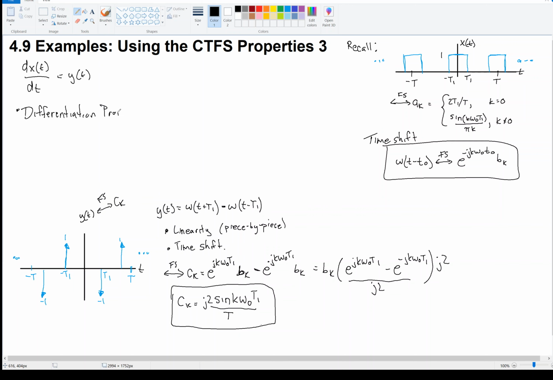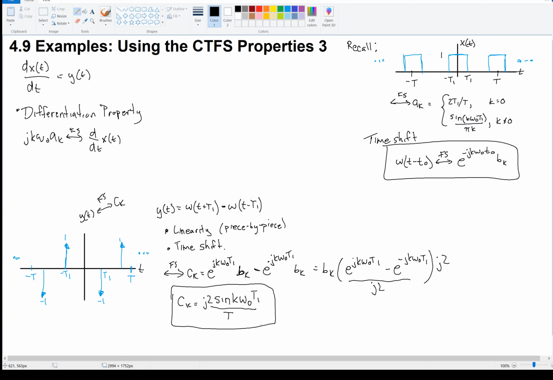So now we can apply the differentiation property, which I'll write here. In the table it says jk omega 0 times ak is the Fourier series of the derivative.